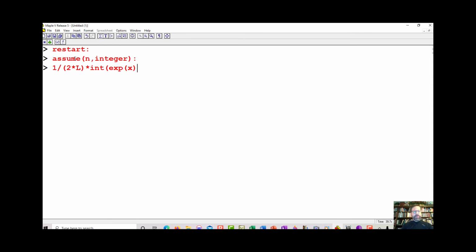Remember that in Maple, the exponential function is exp, not e to the power of. Doesn't give you the right values in that way. E to the power of minus pi times I times n times x divided by L, where x goes from minus L to L. And let's try to simplify that.